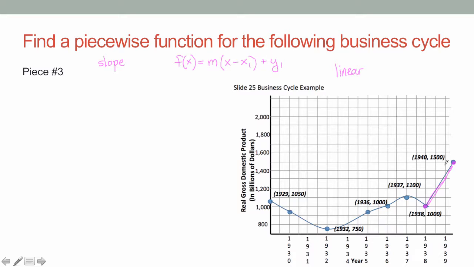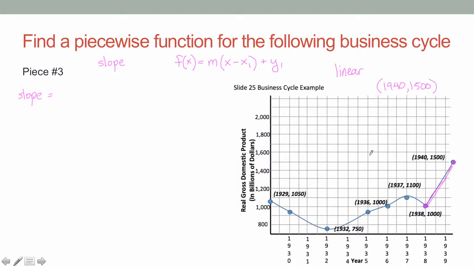So we're going to use this point right here for 1940. That's going to be my x value to go through, and 1500, that's going to be my y value. For m, we just need 2 points to find the slope, so let's start with that. Let's find the slope.